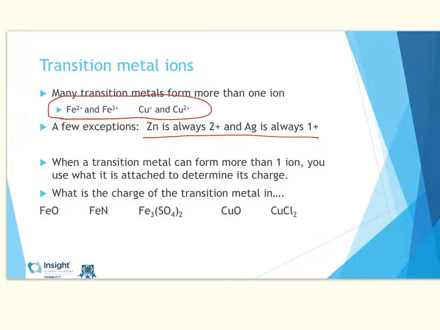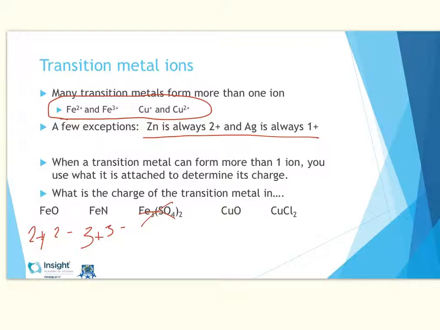We know that oxygen is a 2- charge, which means, since there's only one iron attached to it, that iron has to have a 2+ charge in order to cancel that out. Then, iron nitride, we know nitrogen has a 3- charge, so that one iron must have a +3 charge, and actually I'm going to cross this one out because that wouldn't actually work.